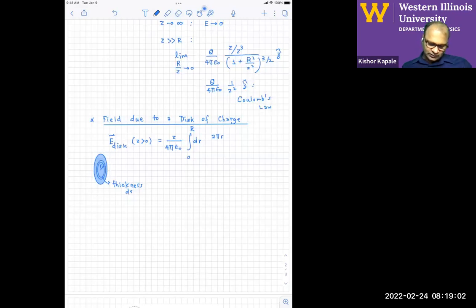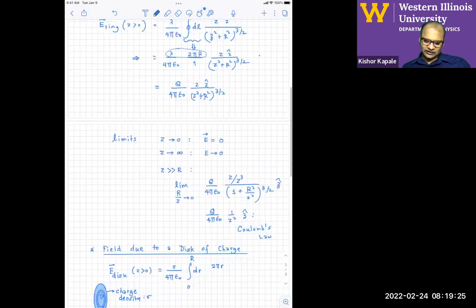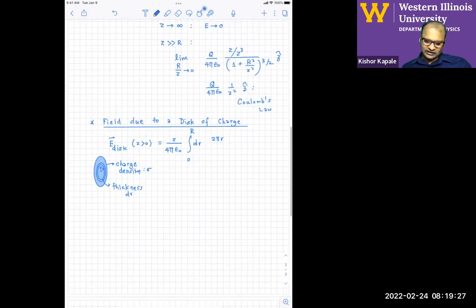Because it's now a disk, we are going to take the charge density to be sigma, so we don't write it as a line charge density at all. The total charge on the ring, which is lambda times 2 pi r, in this case is 2 pi little r times sigma.